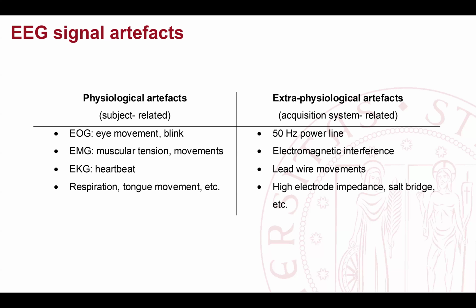Sometimes this is not really problematic for the EEG: the heartbeat, the ECG or EKG. It is called EKG, not ECG, because the noise is not really produced by the electrical activity of the heart, but mostly by the kinematics: when the blood pumps within the veins, they generate movements of your arteries and veins that are contracting, and this contraction is a kinematic signal that is visible in the EEG signal.